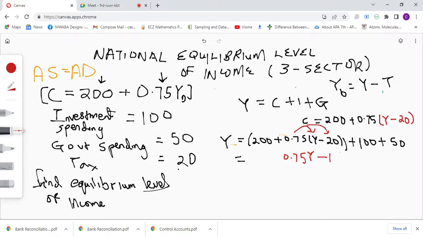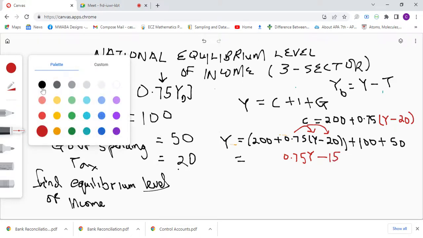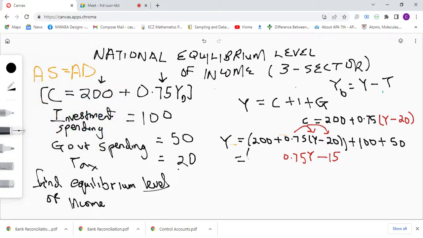So we'll say negative 15 here. We have 200 plus 0.75y minus 15. With 100 plus 50, we get 150.